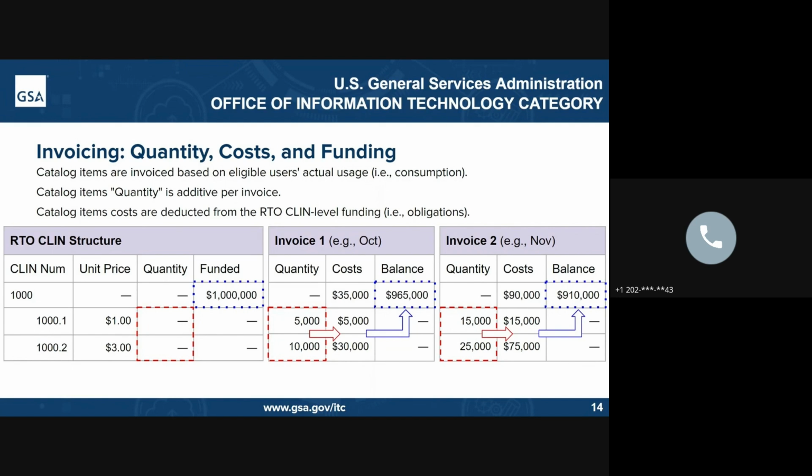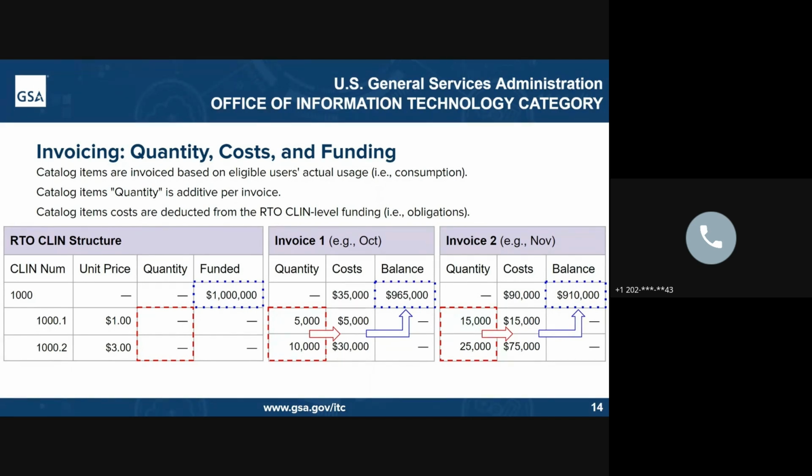So when we move to invoice 1, let's just say the October invoice, you'll notice that for CLIN numbers 1000.1 and 1000.2, you have established or consumed specific quantities. In this case, 5,000 and 10,000 respectively. Now, each one of those line items have a unit cost.